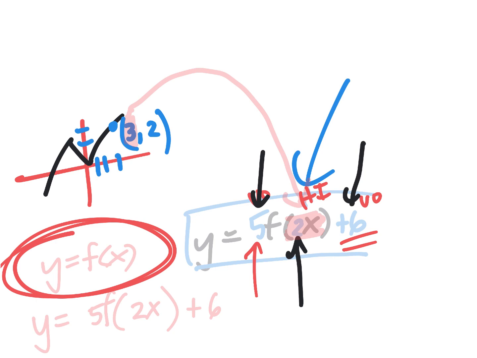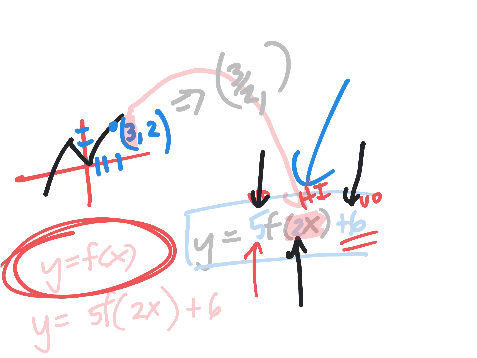So I don't double it. Instead, I cut it in half. And my new point won't be (3, 2), of course. It'll change to, well, that 3 doesn't double to 6. It cuts in half, and it becomes 3 over 2.